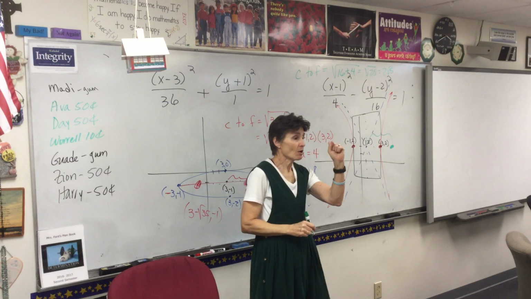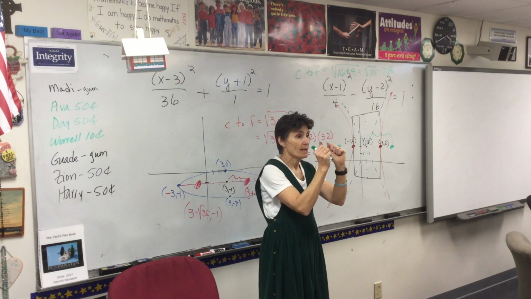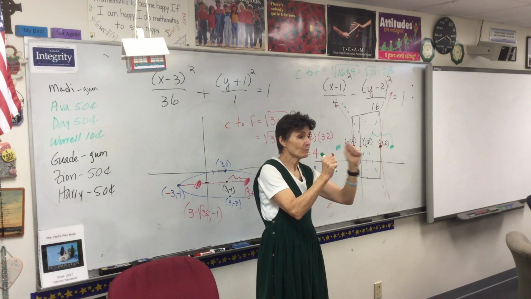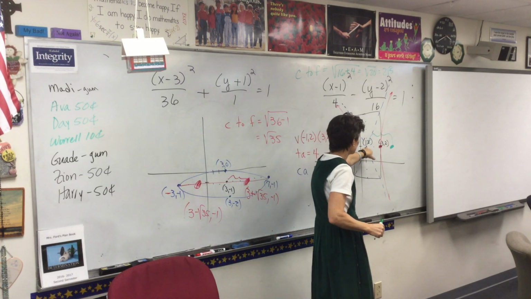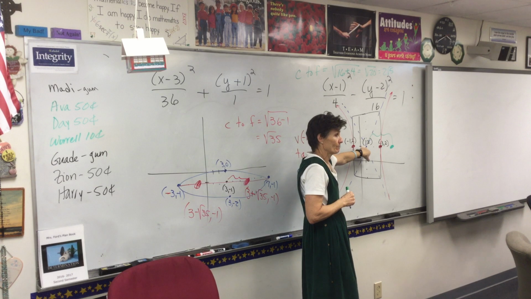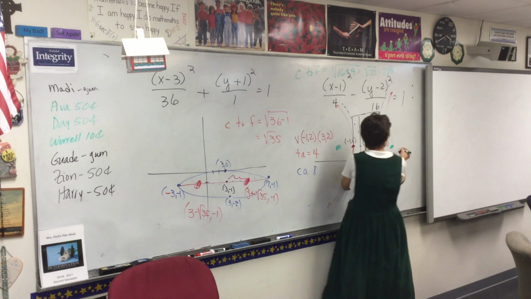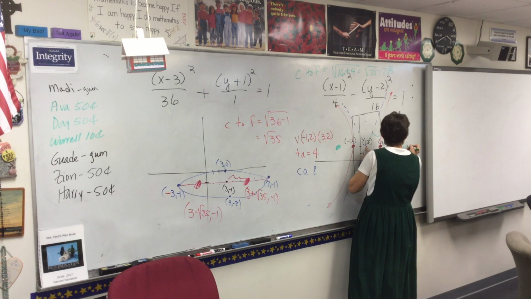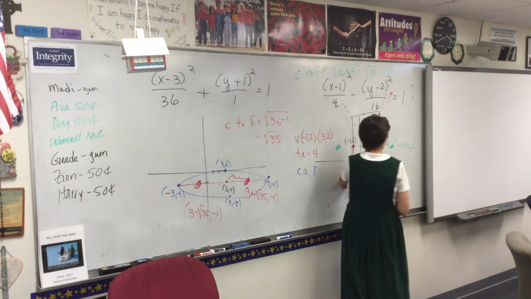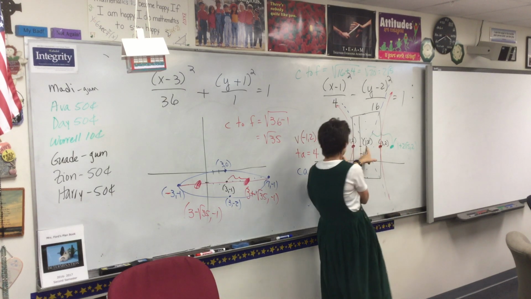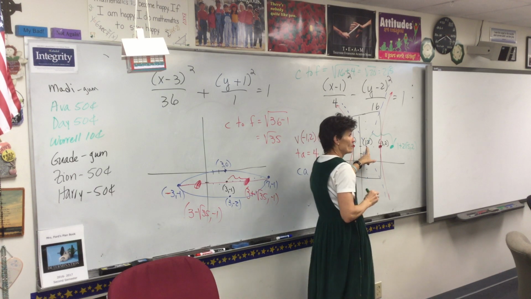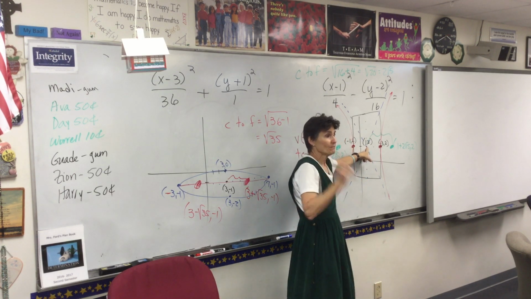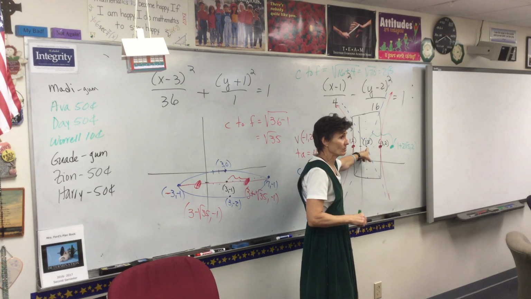So you are going to start at your center point and you're going to go forward 2 root 5 and backward 2 root 5. So your center point is at 1. So this one is going to be 1 plus 2 root 5, comma 2. And this one's going to be 1 minus 2 root 5, comma 2. Don't get confused because they're radicals.